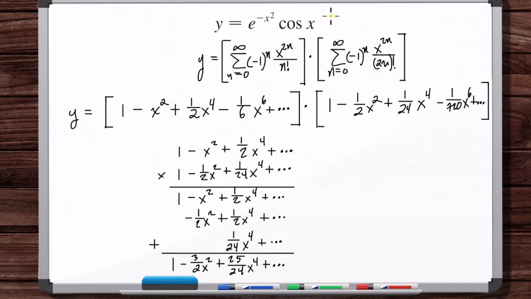Okay, and that's it. So you could write this as approximately equal to 1 minus 3/2 x squared plus 25 over 24 x to the fourth, and don't even put the plus dot dot dot. If you put plus dot dot dot, then they would be exactly equal.